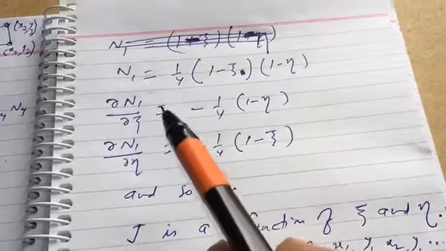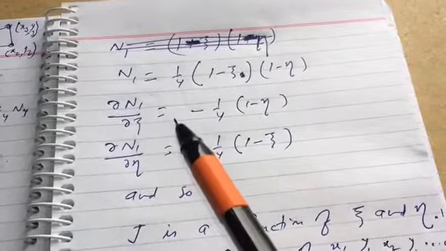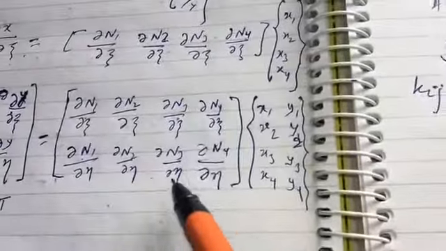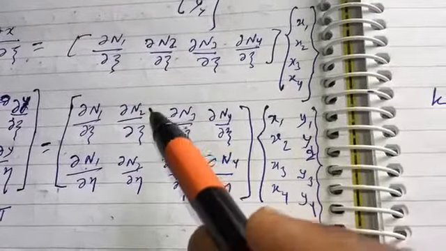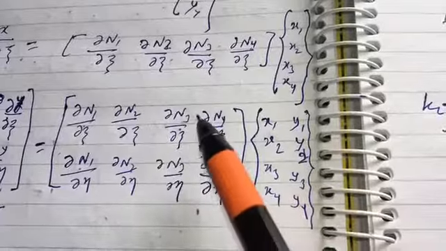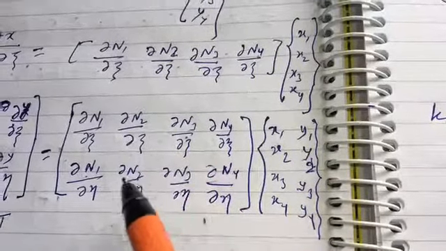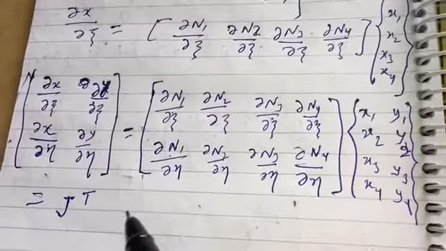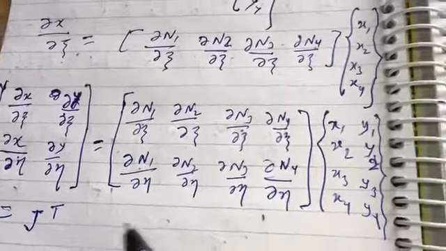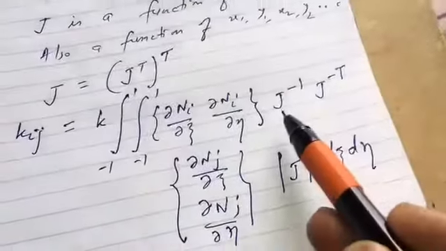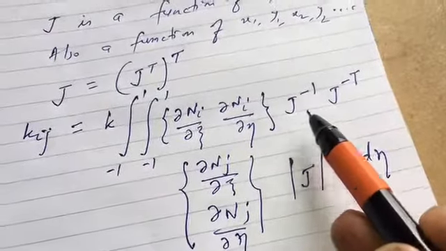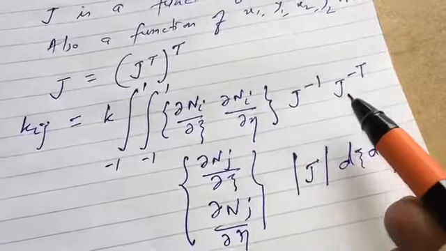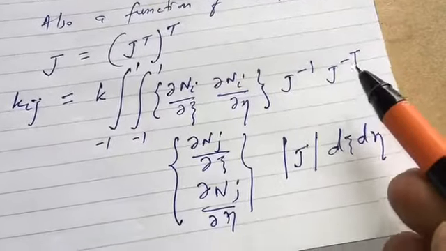Similarly, we can do it for N2, N3 and N4. Since these derivatives are known, are functions of either xi or eta, the whole matrix is known, and since this is also known, the multiplication is also known, which is J transpose. That really means J is known, which is a function of xi and eta. J and hence J inverse is also known, and J inverse transpose is also known.